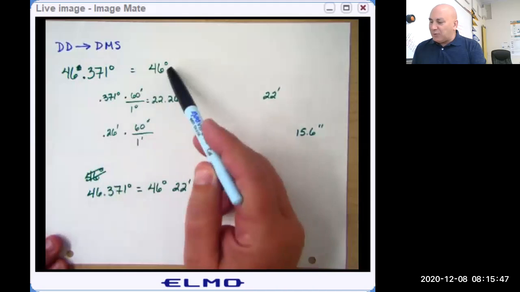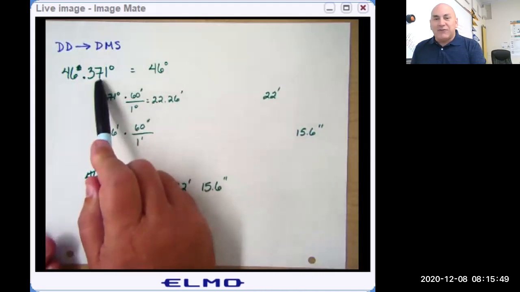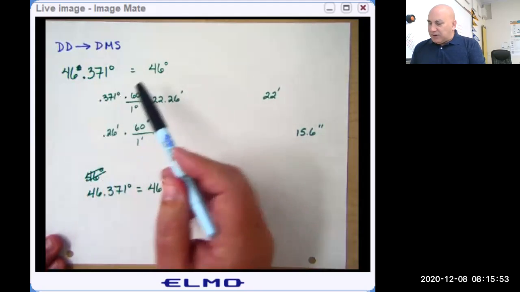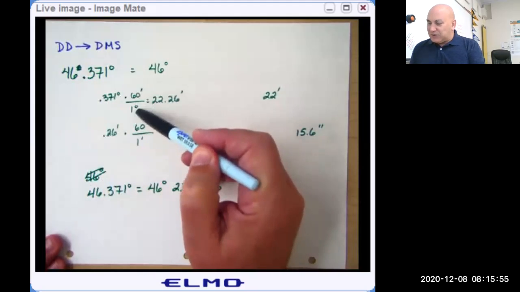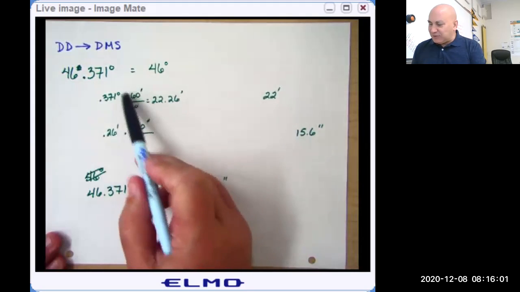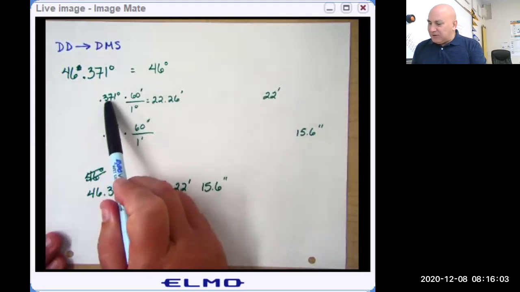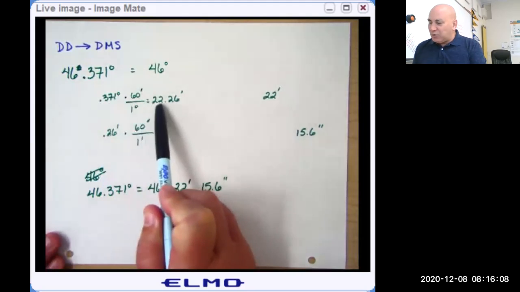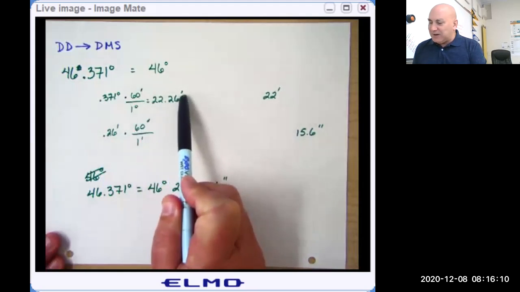So we take off the 46 degrees and we're left with 0.371 degrees. Well, there is 60 minutes to a degree. So I'm doing some dimensional analysis here. The degrees will cancel. 0.371 degrees times 60 is 22.26 minutes.